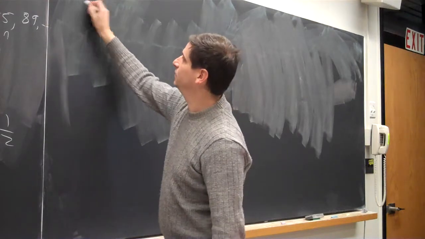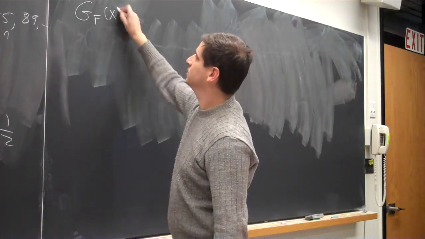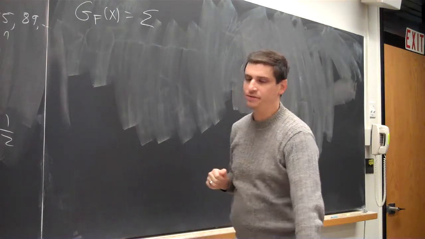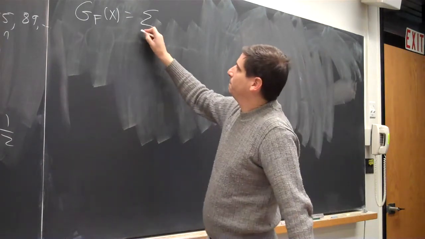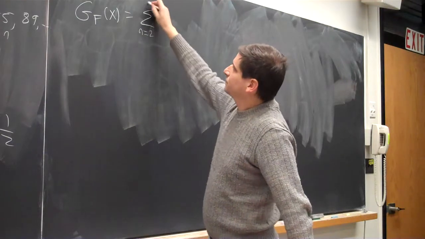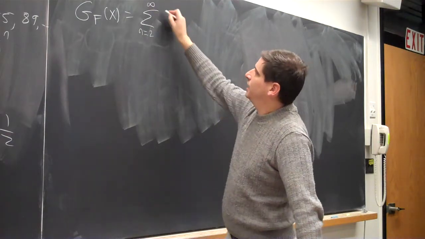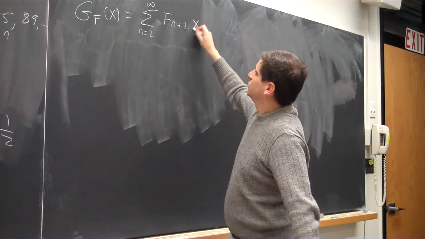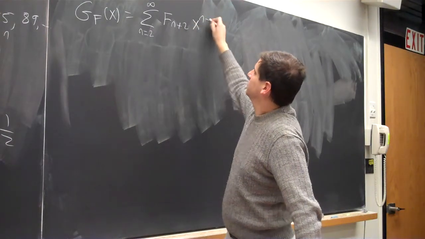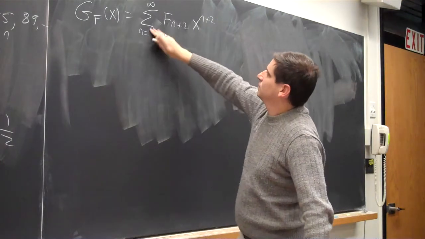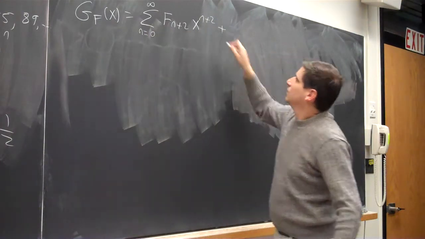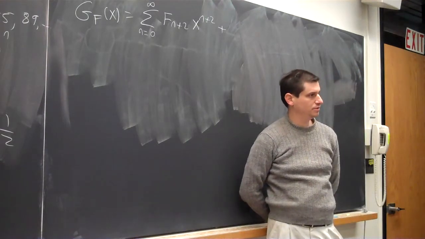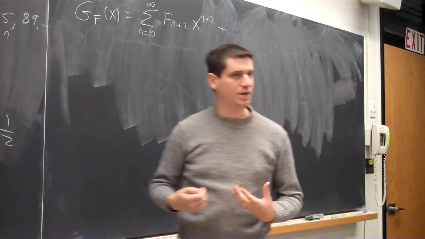So let's look at it a little bit more carefully. GF of x is going to be the sum, and I'm going to start from n equals 2, and I'm going to write it as Fn, and so I'm going to just carefully play some games. Okay, so what I really want to do is start my sum at n equals 2 because I want to then use the Fibonacci recurrence.